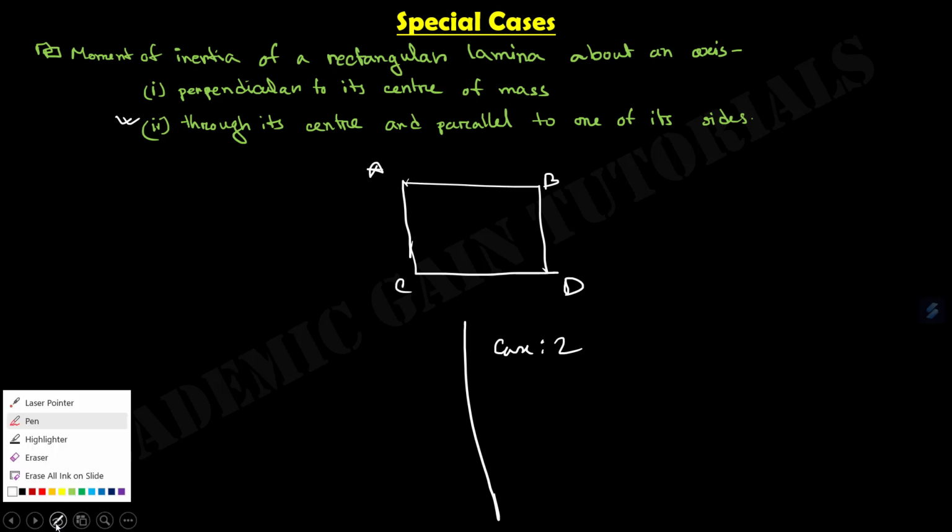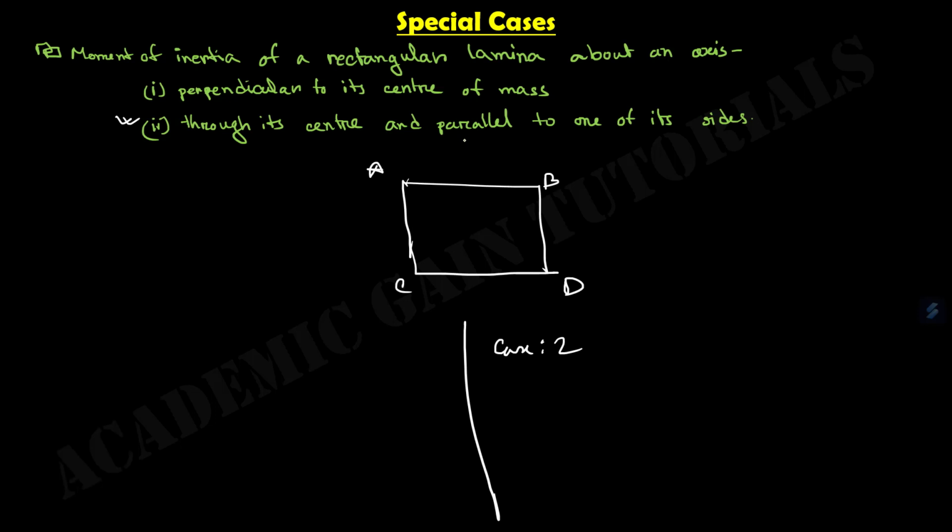So our axis is through its center, and parallel to one of the sides. Suppose we take this axis as PQ. PQ is at the center of the lamina and parallel to BD or AB.